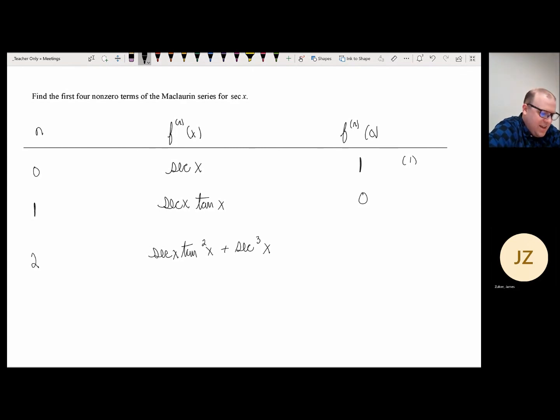Should be secant times tangent squared plus secant cubed. Evaluate that at 0. What do you get? There's our second non-zero term.